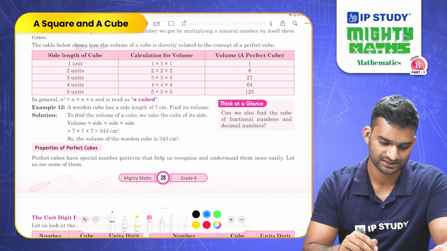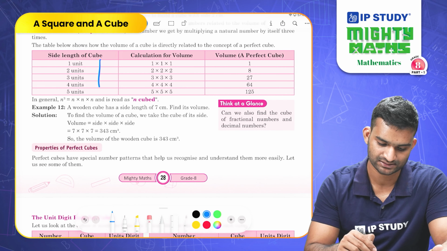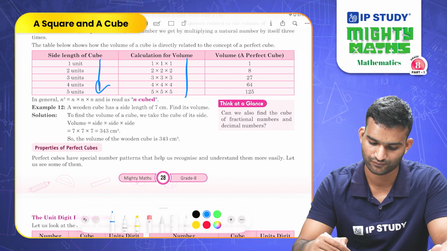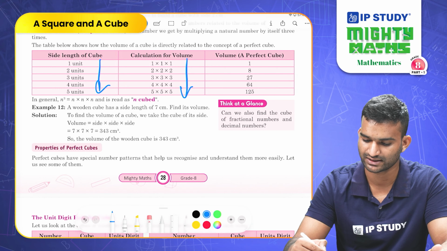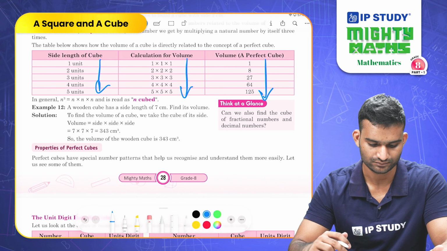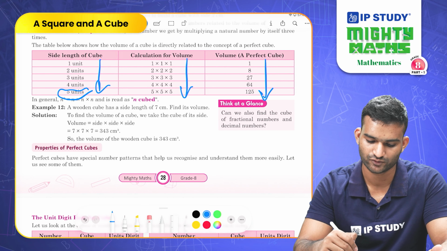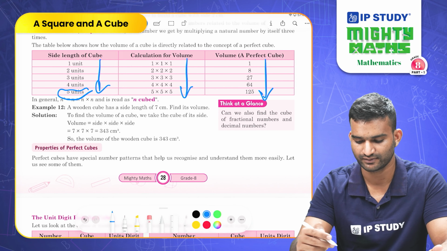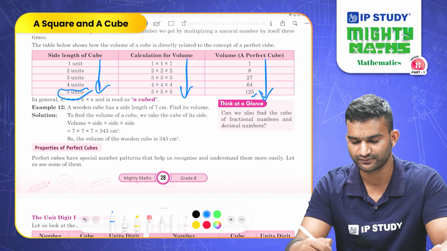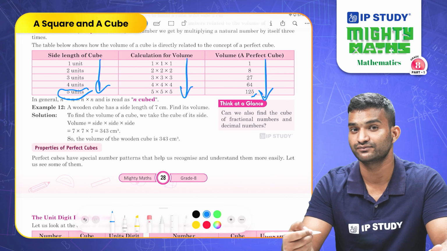In this table we have been given some unit lengths and calculation of volume and how these two are related to perfect cube. For example, if we take unit as 5 units, so volume will be 5 into 5 into 5, and it will be 125, which is nothing but 5 cube.